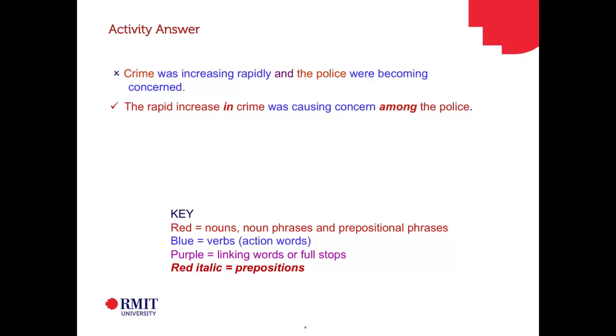In this sentence, we can see how by bunching the nouns together, the rapid increase in crime and concern among police, we sort of take away the action, and the language becomes more condensed and it becomes cooler in tone. It's sort of more objective. But we can also see the cause and effect much more closely, the relationship between the two ideas.